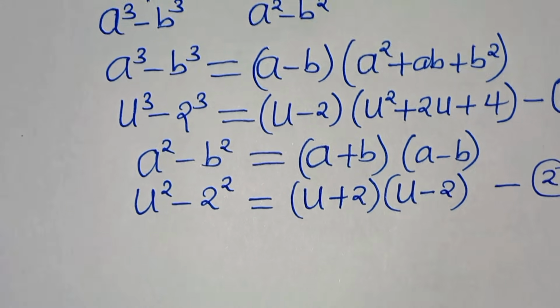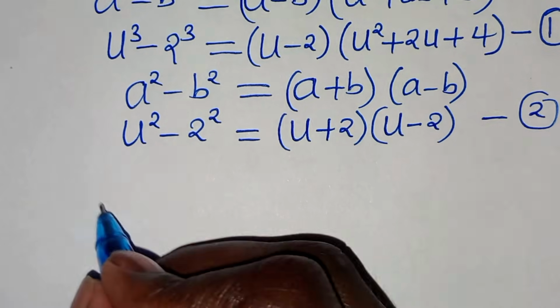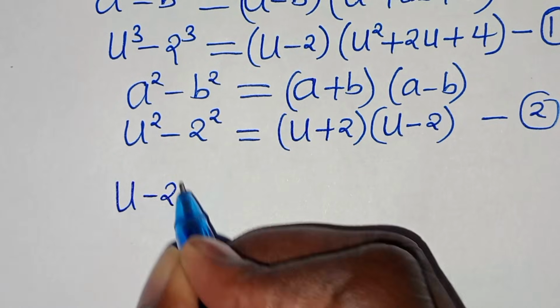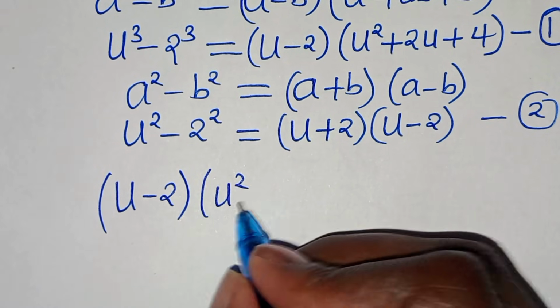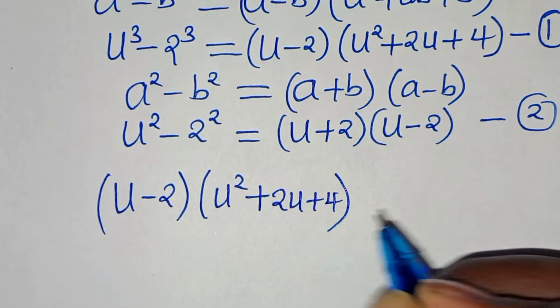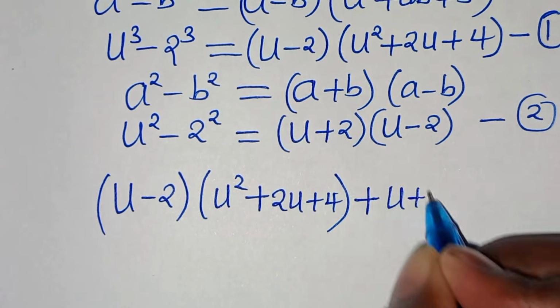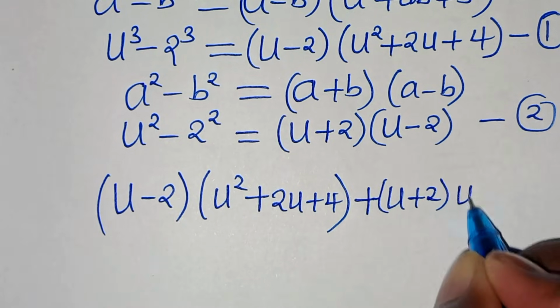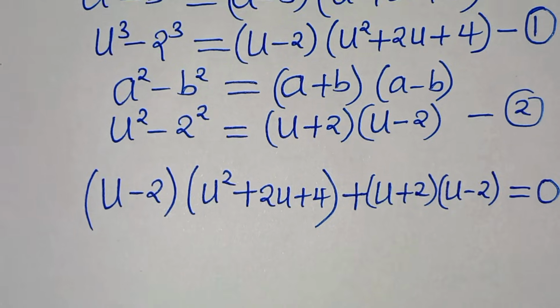So let's combine case 1 and 2 here, so that now we have u minus 2, into the parentheses, u squared plus 2u plus 4, close the parentheses, then plus u plus 2 multiplied by u minus 2. This is equal to 0.